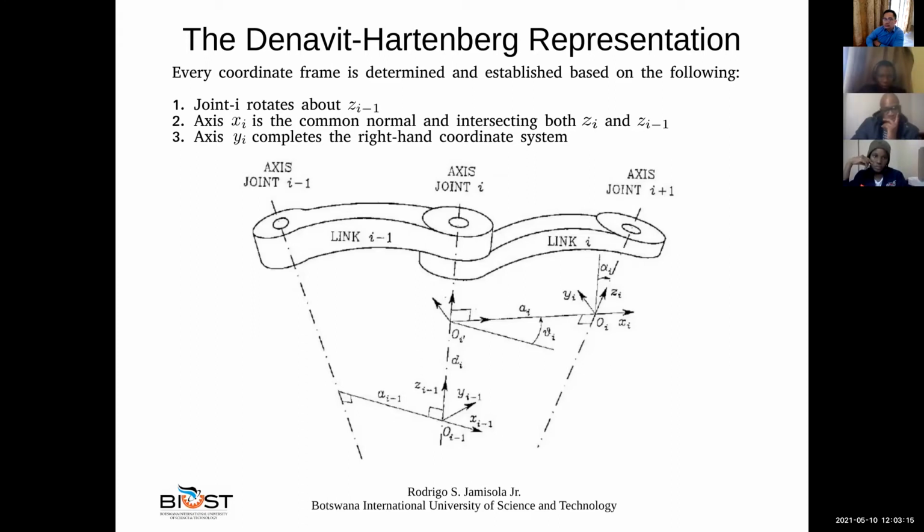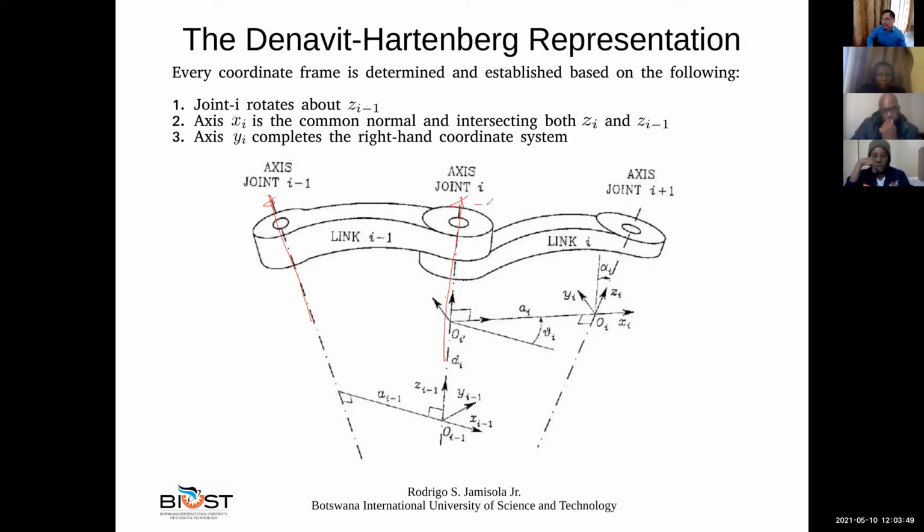Okay, let's continue. That's the second requirement, and the third requirement is that yi completes the right-hand coordinate system. Looking at where yi is is not very critical. Once we define all the z-axes, let's do it again.